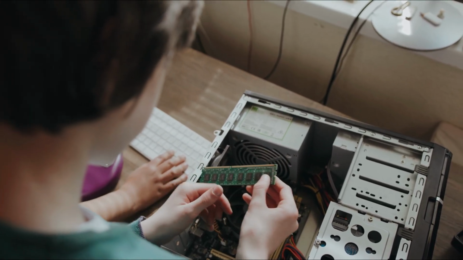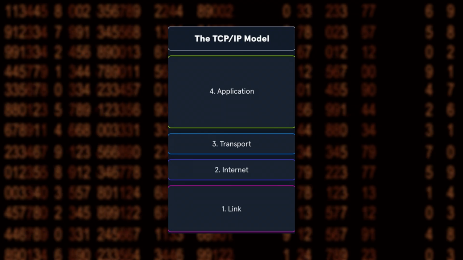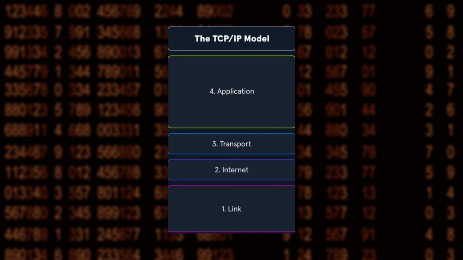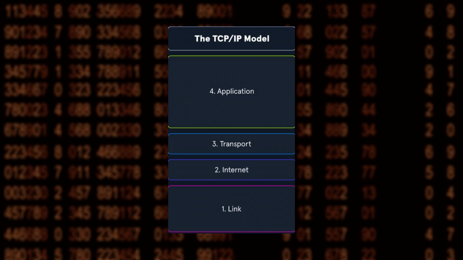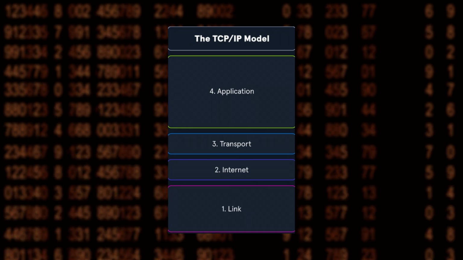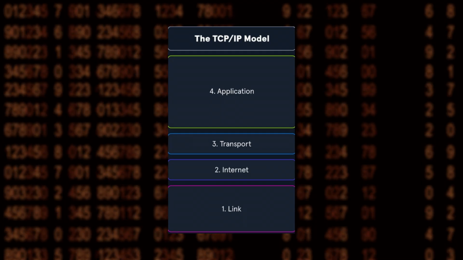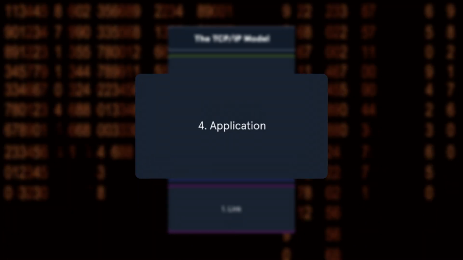Now, let's talk about the TCP/IP model. The TCP/IP model has 4 layers. Let's start again from the last one, going all the way to the first layer, just to give you somewhat of a backwards understanding from how everybody uses computers. Layer 4 is the application layer.